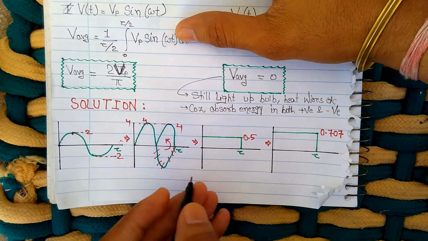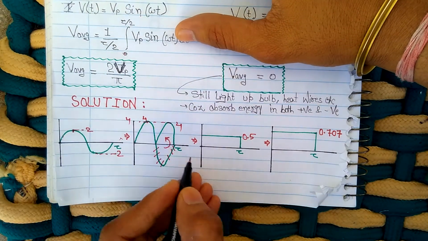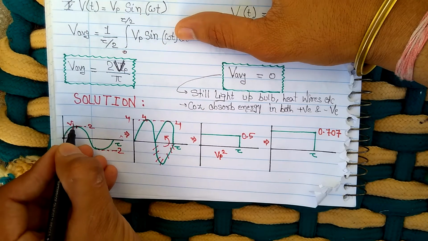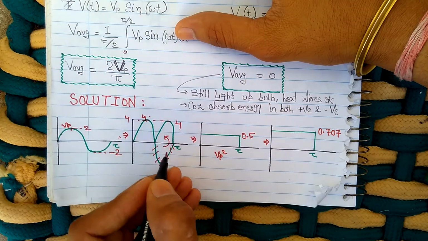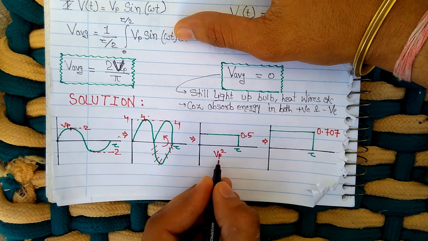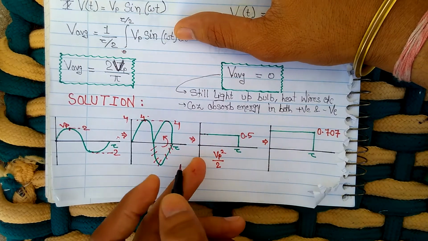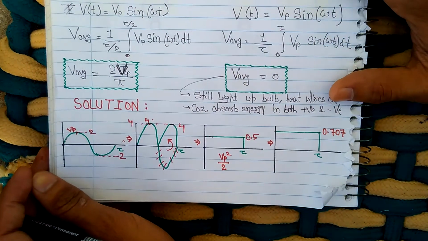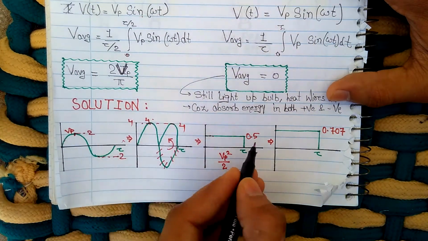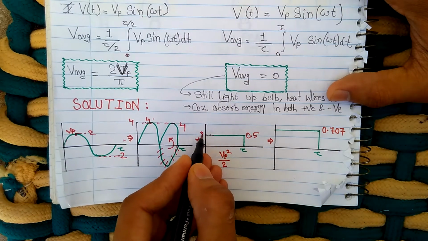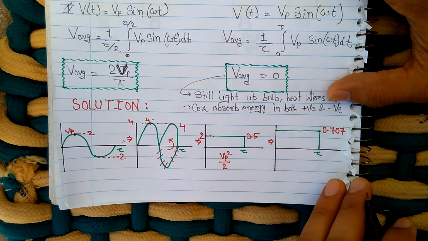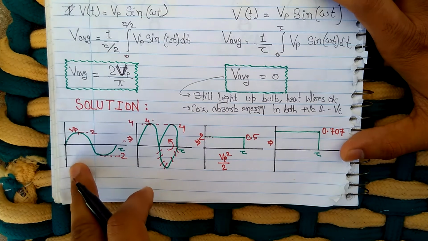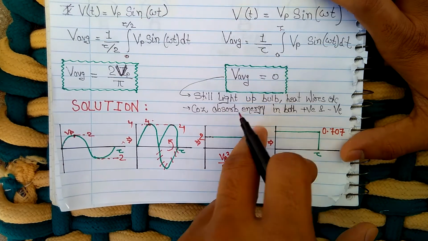That is, suppose this peak value was Vp, this was my Vp square, then this average value will be coming out to be Vp square by 2. That we'll see in the mathematics section later on in this video. So if this is 4, it will come out to be 2, that is half of it. Okay, now see, we were not able to do simple averaging.